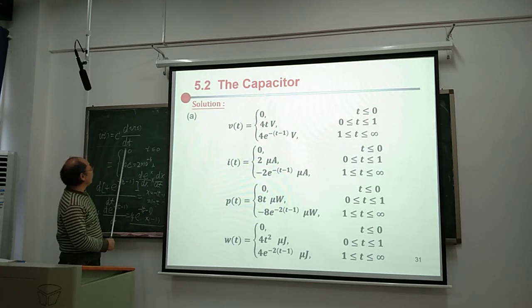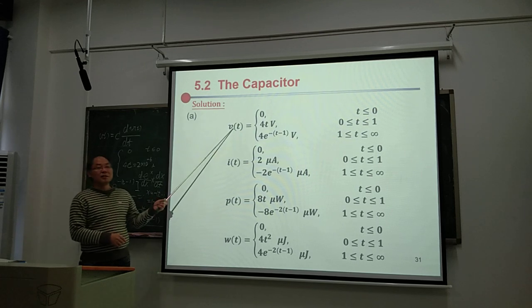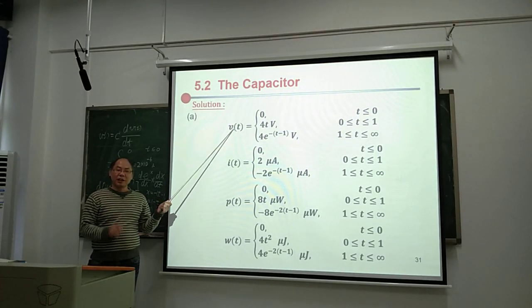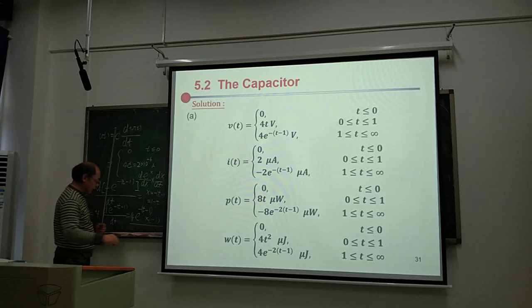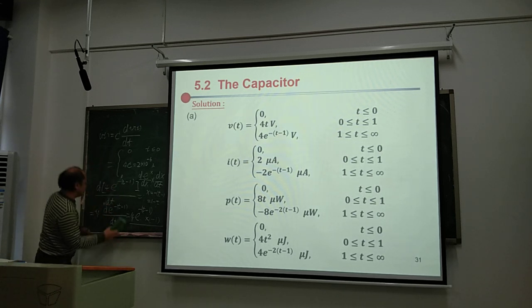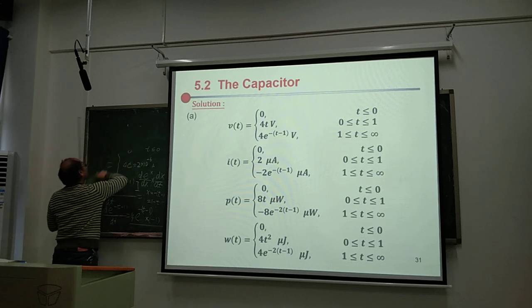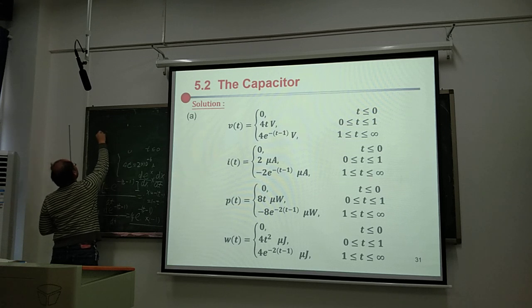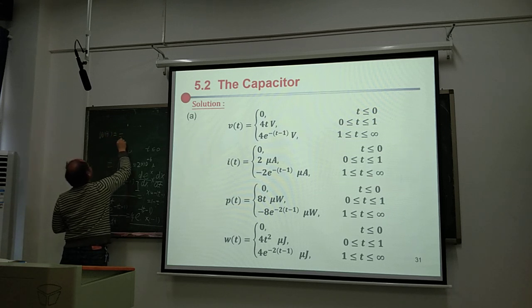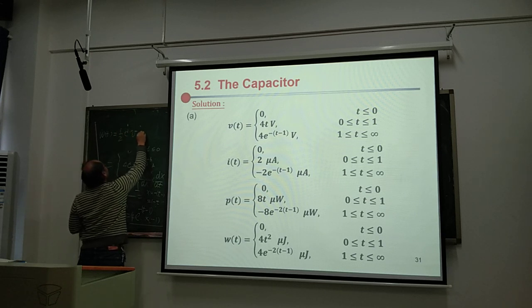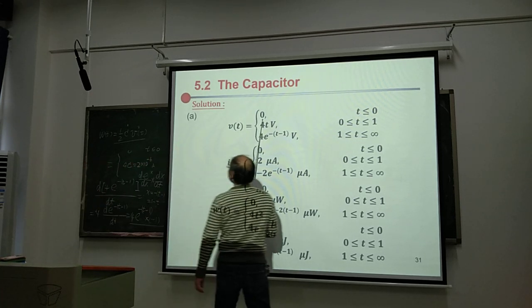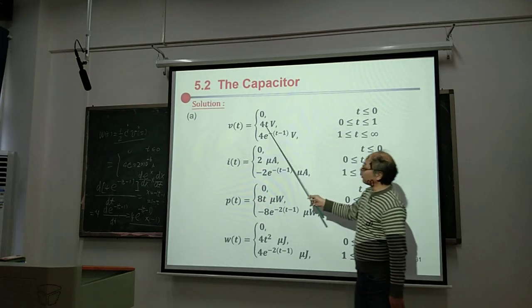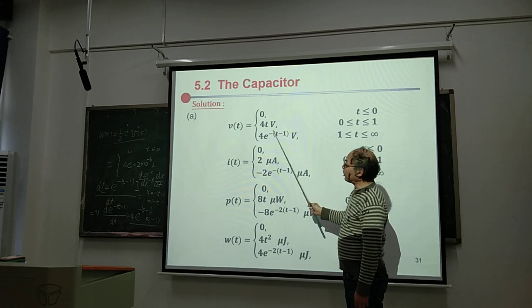And then next we must calculate energy w. W is one half C v squared, because the energy. So this 0, and this 4 times t, and times 4t.